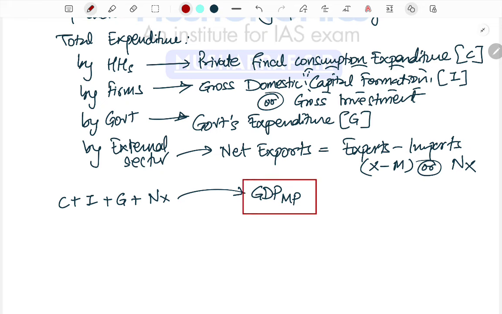Because all the expenditure that we are doing is at market price. Why gross? Because we are taking gross domestic capital formation here, so the value of depreciation is included in it, right? So it will give us GDP at market price. By the expenditure method we get this variant of GDP.